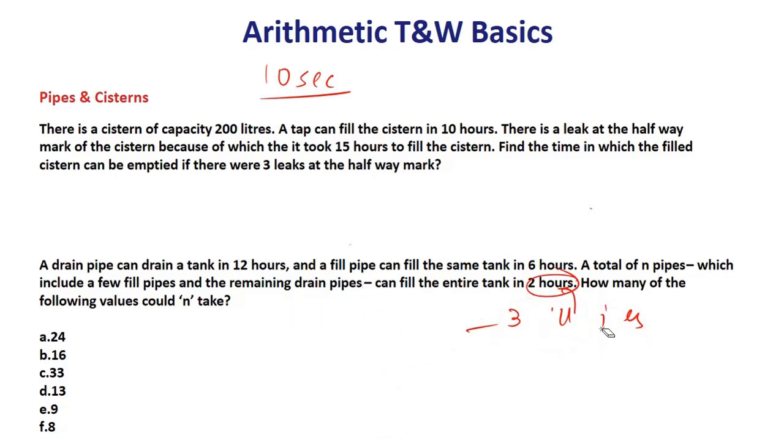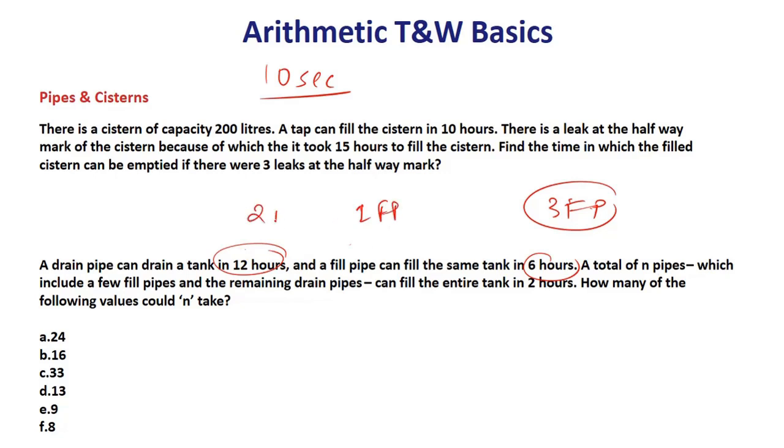So in that case, you have 12 here and 6 here. You know there are 3 fill pipes. Apart from this, for every fill pipe, you have 2 drain pipes so that they cancel out each other. And there can be any multiple of this number.